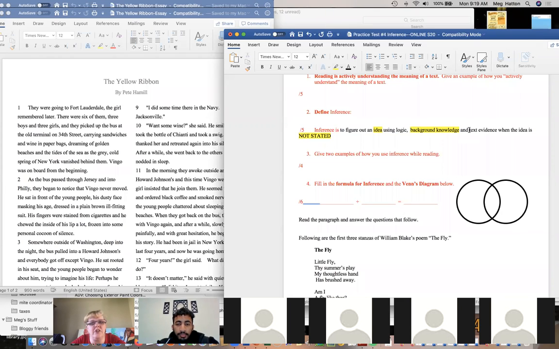I don't want you to use guess because you're not really guessing. You're using evidence, both from your background knowledge and from your text evidence. It's not a wild guess. Okay, so an inference is to figure out an idea using logic, background knowledge, and text evidence when the idea is not stated in the text.